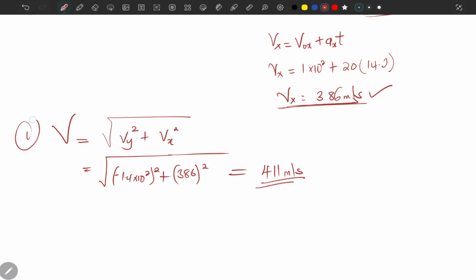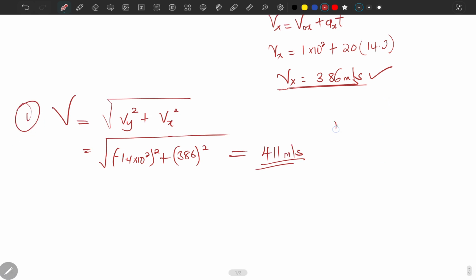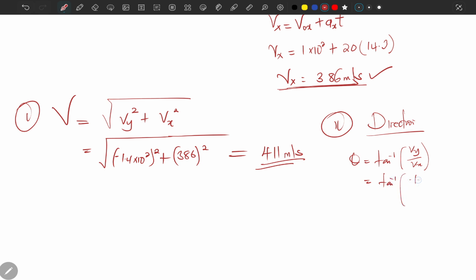What about the direction? How do we think direction will be found? Direction will be worked out as follows. It's just the arctan of the y component and the x component. So arctan, then you have velocity in the y over velocity in the x. Tan theta is just y over x. So it will be tan inverse of velocity in the y, which was this, and the velocity in the x was 386, like that.